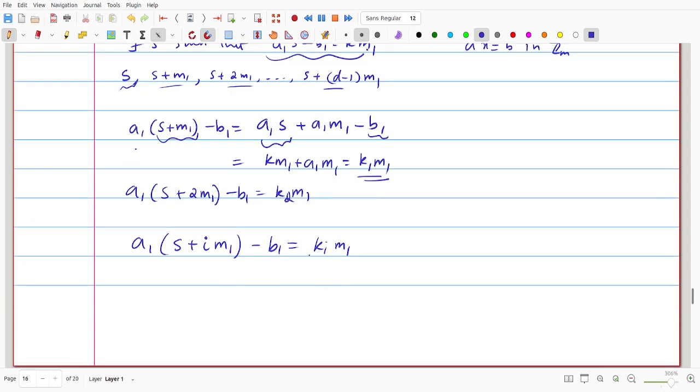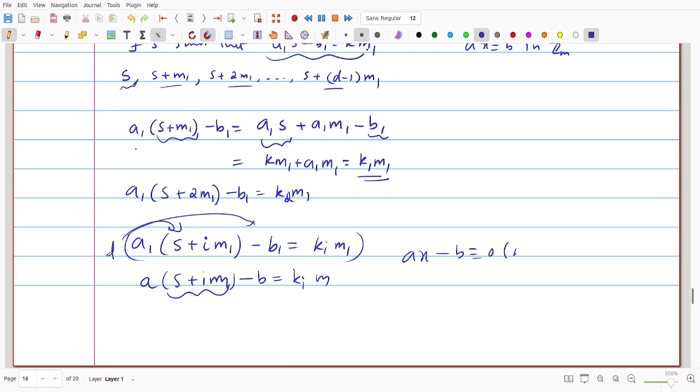If we multiply this equation with d, for the first term we will get a1 times d, that is a, times s plus i m1. If you multiply d with the first term and d with the second term, you will get minus b1 times d, that is b, and multiply it with the right hand side, that will be ki times m1 times d, that is m. That means this is a solution of ax minus b congruent to 0 mod m.